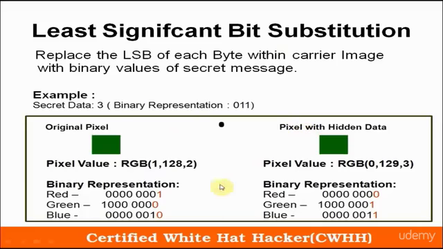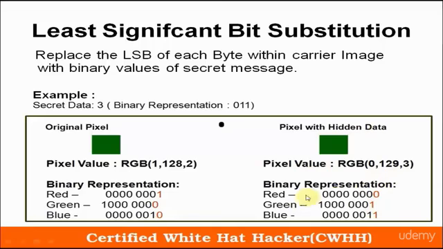So how do you substitute the last bit? Suppose I want to hide the secret data 3. I'm going to take the original, which is 1, 128 and 2, and the least significant bits are 1, 0, 0. I'm going to hide the message 3 along with this.